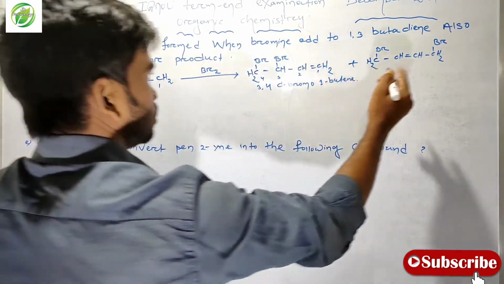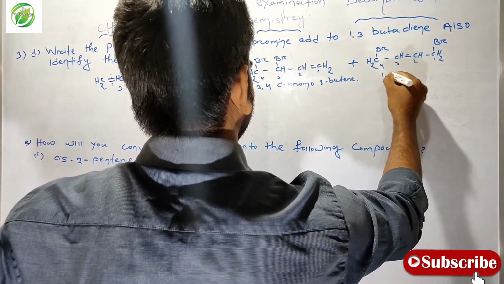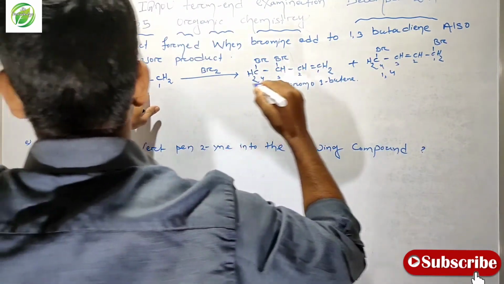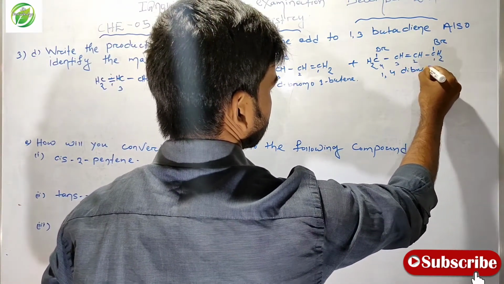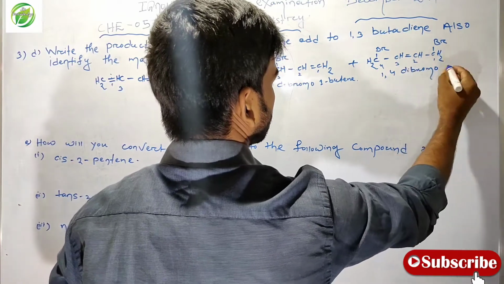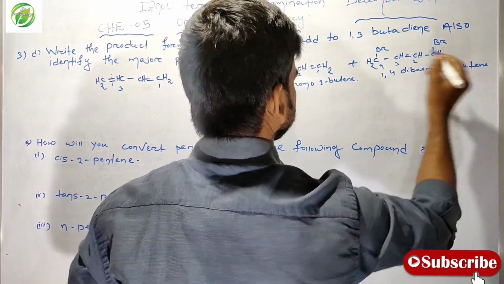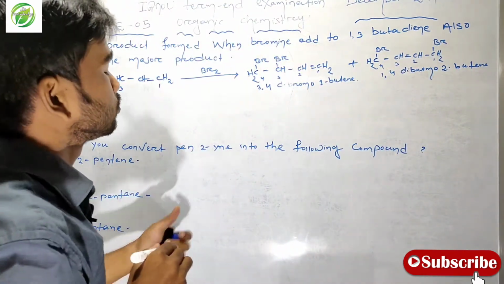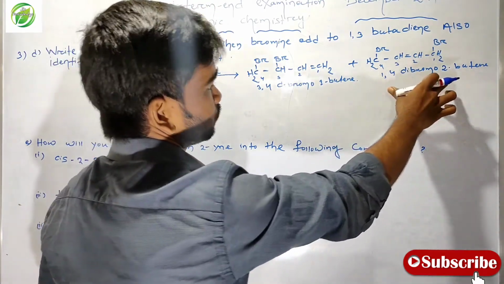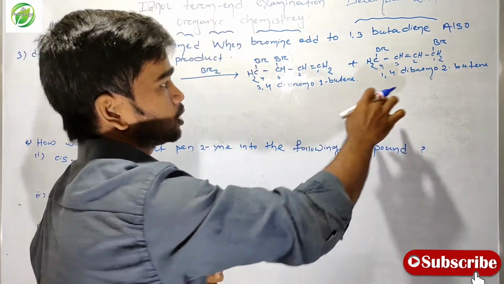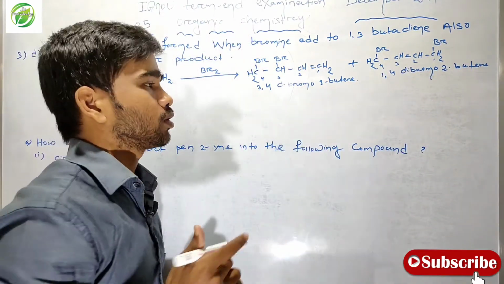Friends, this product's name is 1,4-dibromo-2-butene. Of these two products, this product is formed in a larger amount, so this is the major product and this is the minor product.